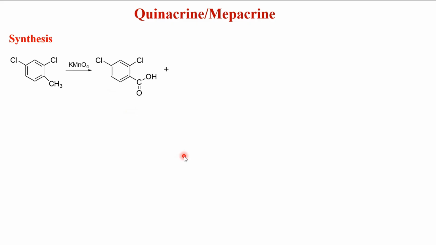This 2,4-dichlorobenzoic acid, which is formed, we can treat with para-methoxyaniline. The amino group nitrogen is sp3 hybridized, that's why it has a lone pair of electrons on the nitrogen.